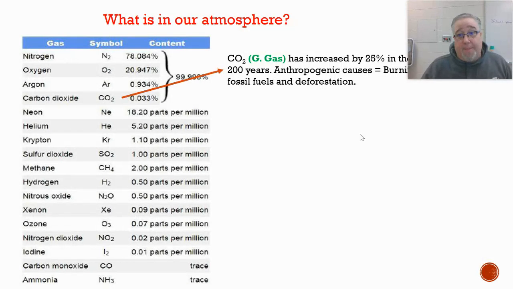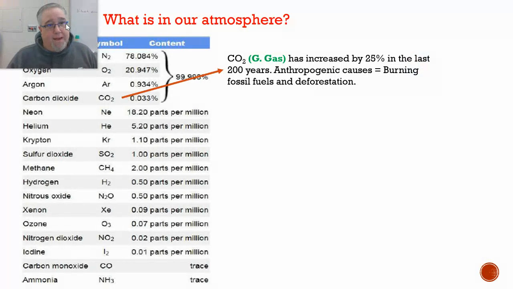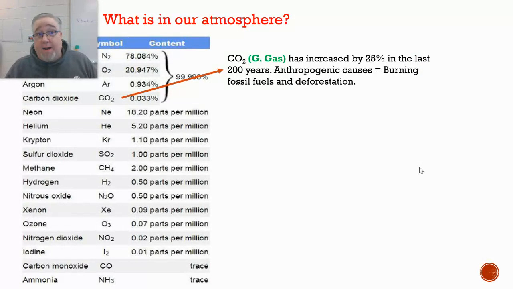One of them, for example, is carbon dioxide, which we've talked about before. The thing about carbon dioxide, even though there's not a lot of it in the atmosphere, is that it is a greenhouse gas. We should know what that means, right?